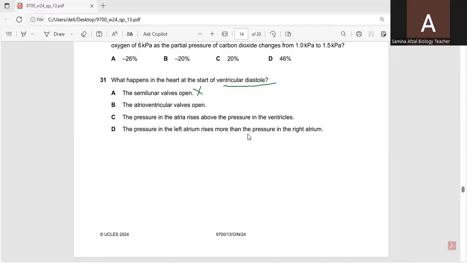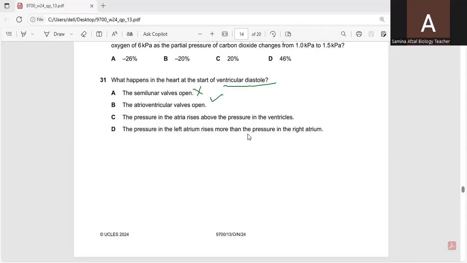Atrioventricular valves open. Yes, at that time when the ventricles are ready to fill with blood, and we say that ventricular diastole has started, the atrioventricular valves will open. Statement 3, the pressure in the atria rises above the pressure in the ventricles.